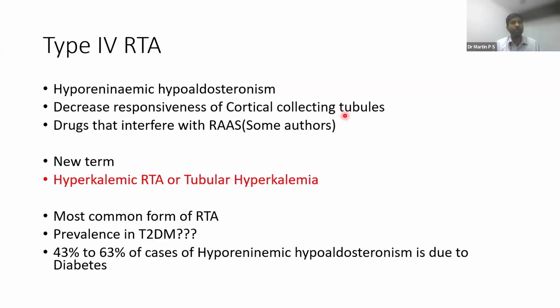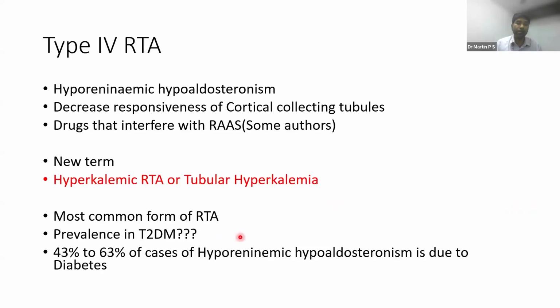And that is the reason why the term hyporeninemic hypoaldosteronism is moving out, and the new term hyperkalemic RTA, or tubular hyperkalemia, or just type 4 RTA is gaining pace. And of the renal tubular acidoses, mind you, type 4 RTA is the most common.